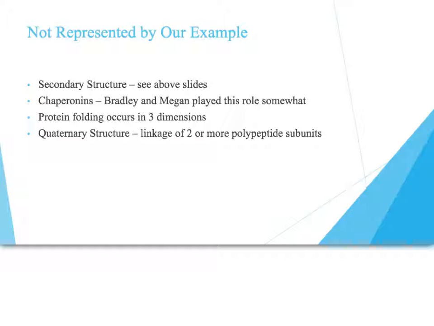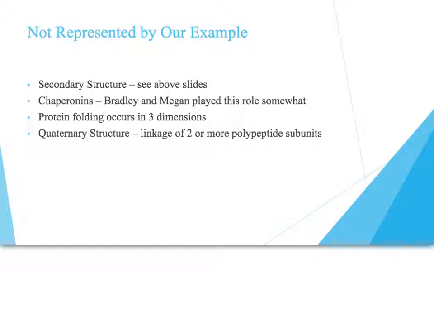One other thing to think about is that protein folding occurs in 3 dimensions, and we were only able to fold in 2 dimensions. Had we had strings from the ceiling or items like that, perhaps we would have been able to simulate this in 3 dimensions, but as you know, we didn't have those things, and so we only were able to simulate in 2 dimensions.